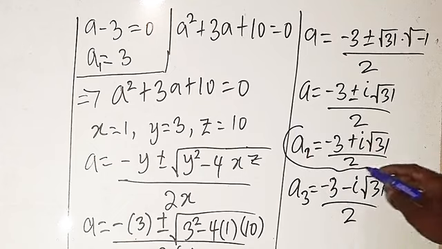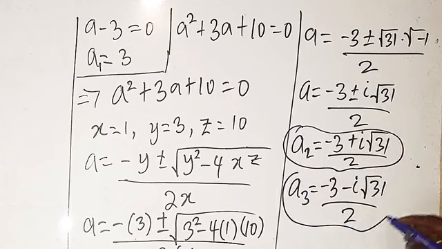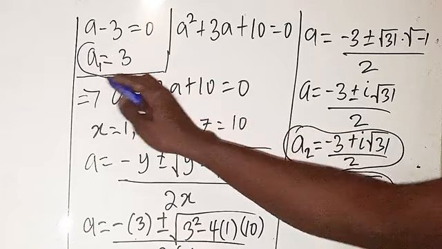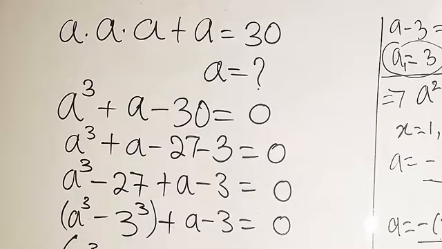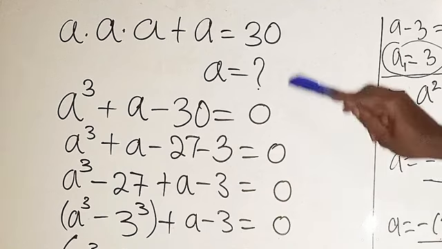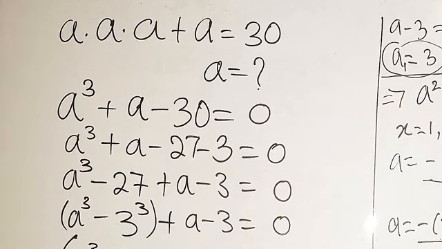So we have this, and we have this, then we have this. So these are the 3 possible solutions we have for this particular problem. Kindly put these 3 values back into the main equation we're given right here. You see that they are going to satisfy the equation, right?